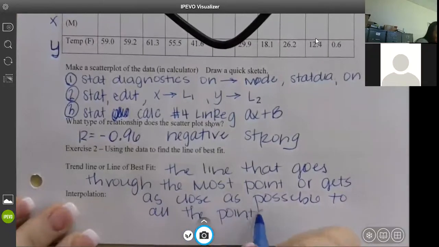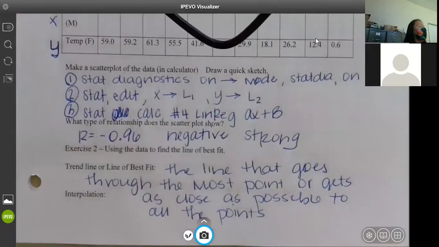Sometimes it may not go through any of the points at all, but it'll be really close to all of them.